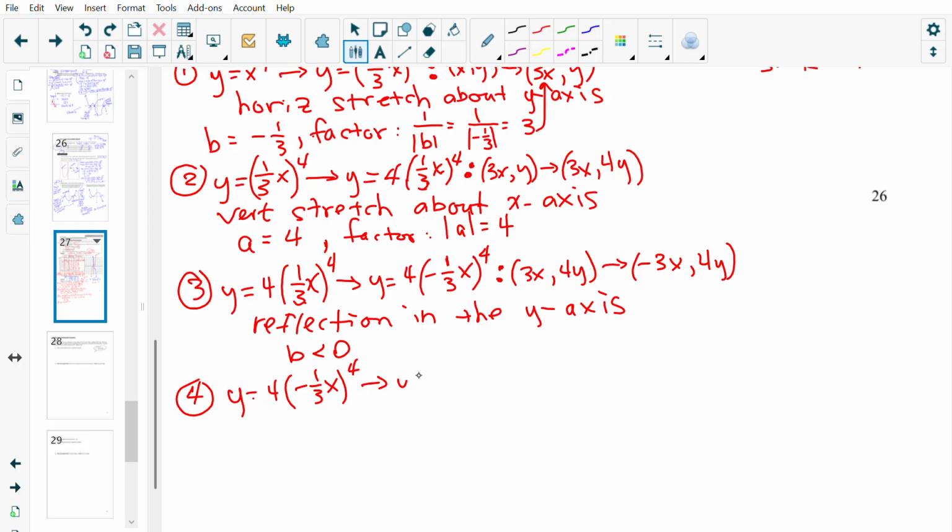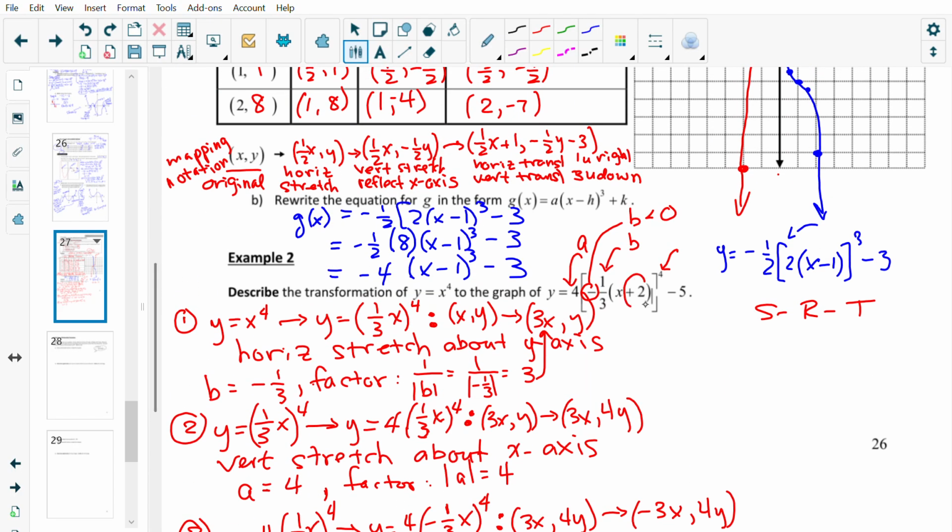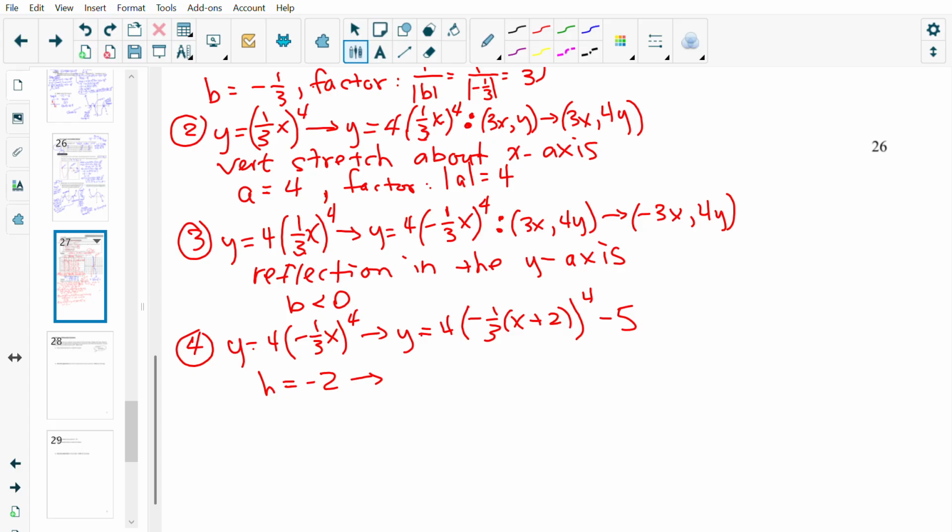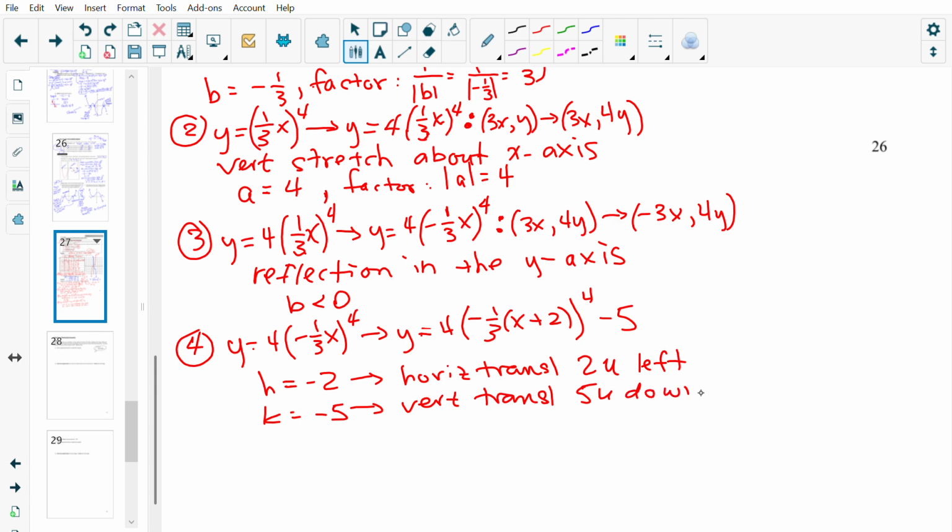We're translating that to y equals 4 times negative 1/3 (x plus 2), exponent 4, minus 5. h equals negative 2, and then k equals negative 5. h equals negative 2: horizontal translation, 2 units left. k equals negative 5: vertical translation, 5 units down.